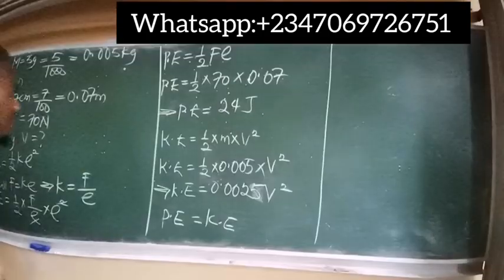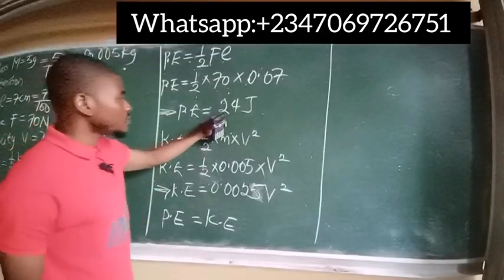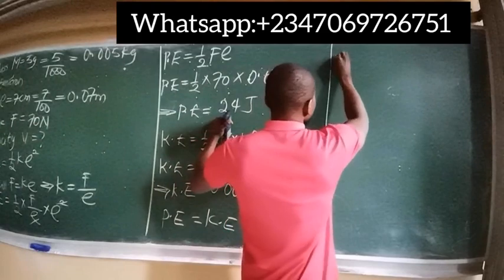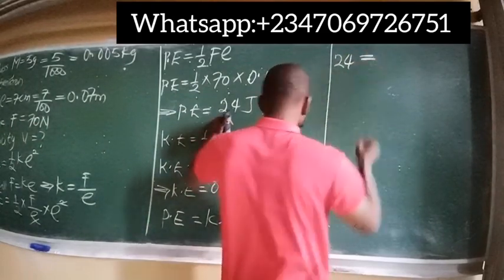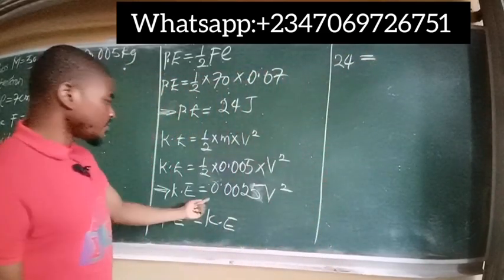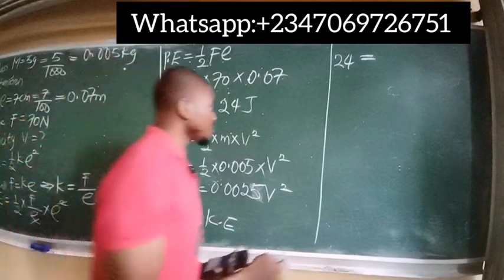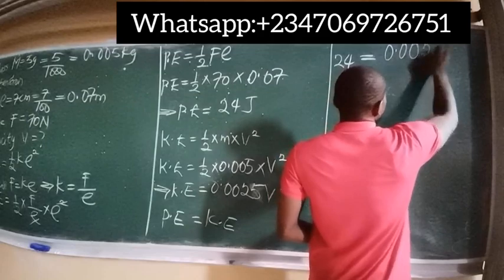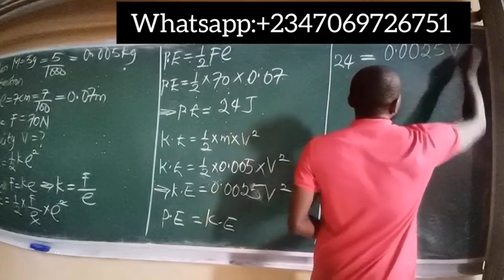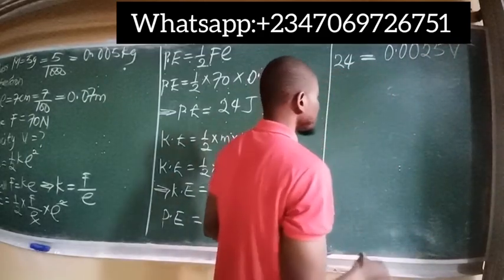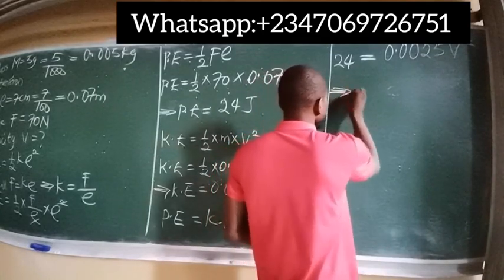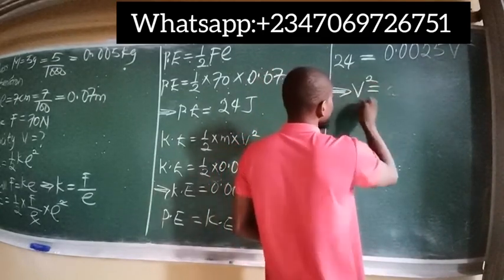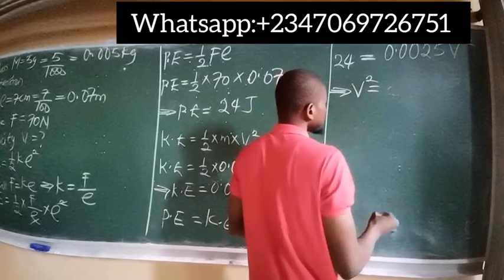The potential energy gave us 24 joules, so 24 is equal to the kinetic energy, which gives 0.0025 v squared. So we can make v squared subject. This implies that v squared is equal to dividing through by 0.0025.